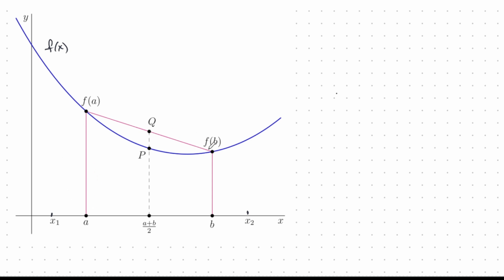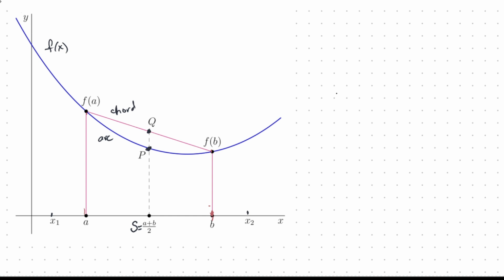In red, I have drawn this trapezoid, from point A up to f of A and then f of B down to B. Right in the middle, I have this midpoint, (A plus B) over 2, which I can call S. P is a point on the convex curve, and Q is a point on the chord. Here's my chord, and here's my arc.